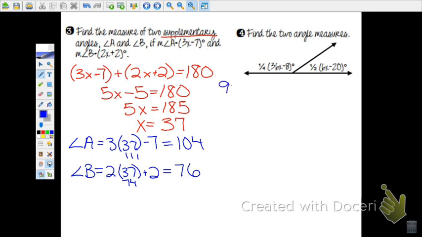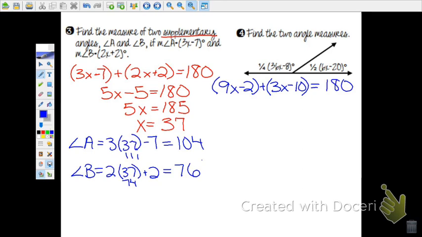So we get 9x minus 2. The other angle, we're multiplying by 1/2 or dividing by 2. We get 3x minus 10. So those 2 angles are added together to equal 180.